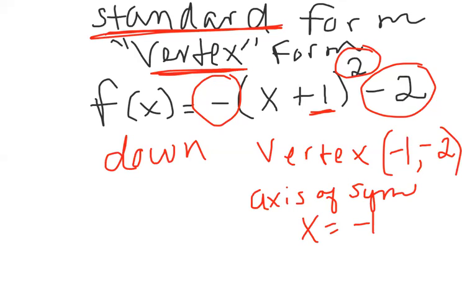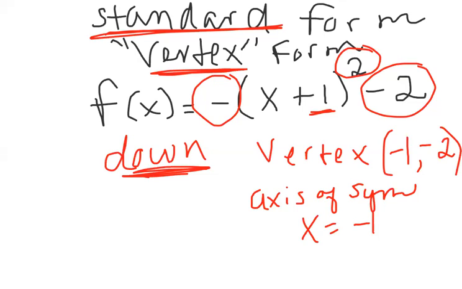Okay, guys, here's another big question. Is this one going to have a maximum or minimum value? Maximum or minimum? Oh, come on, guys, you should get that one. Which direction is it opening? It's opening down.